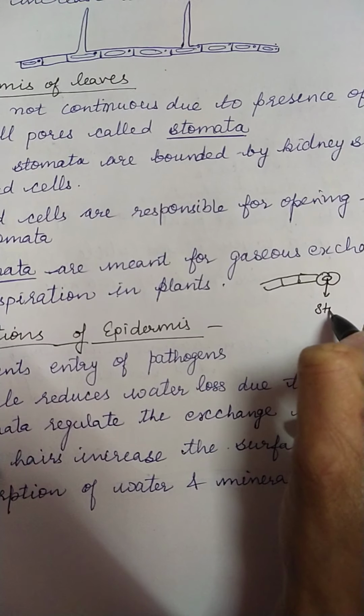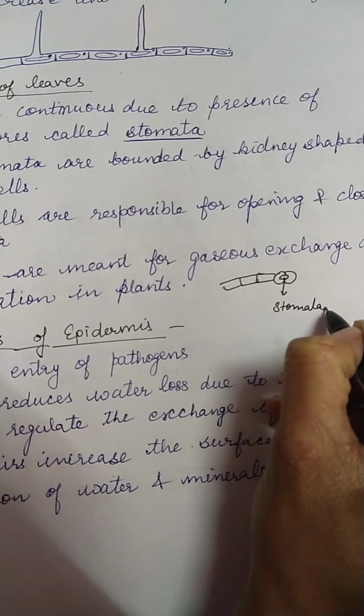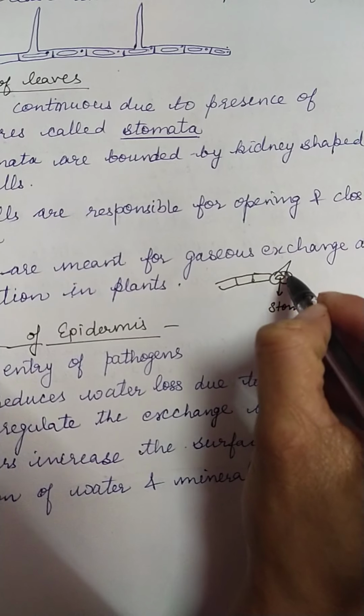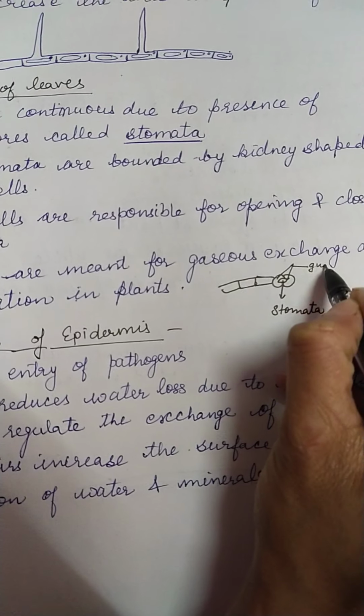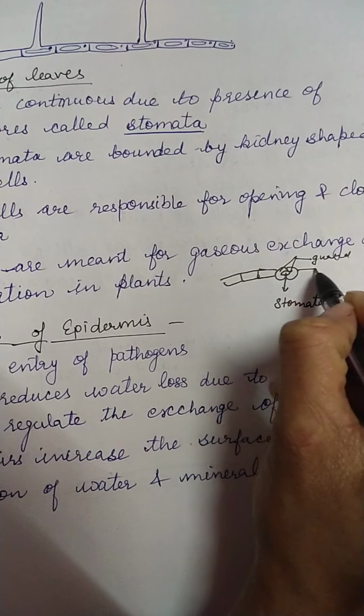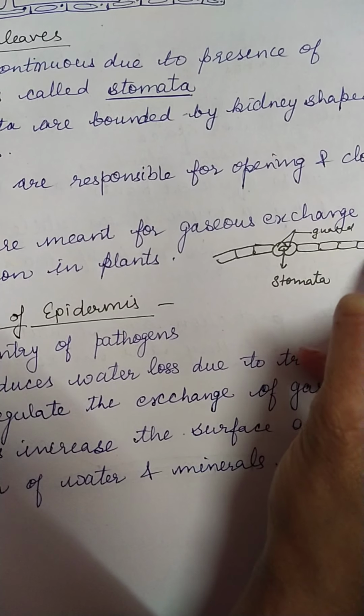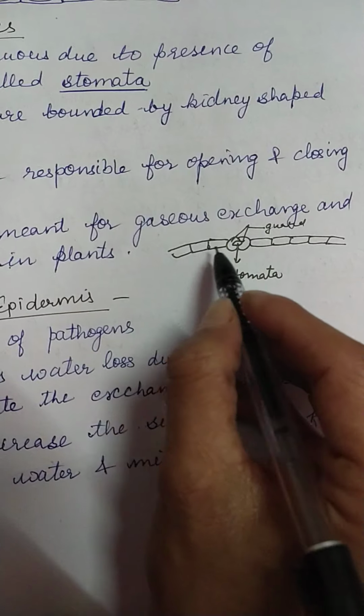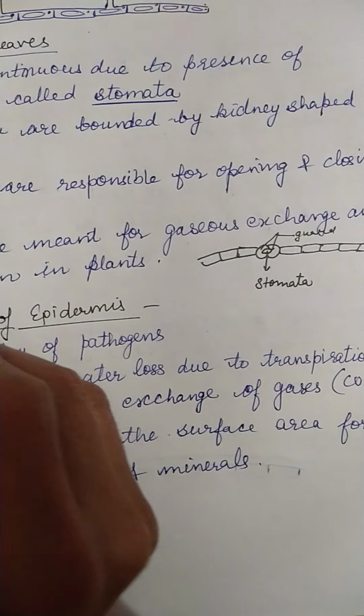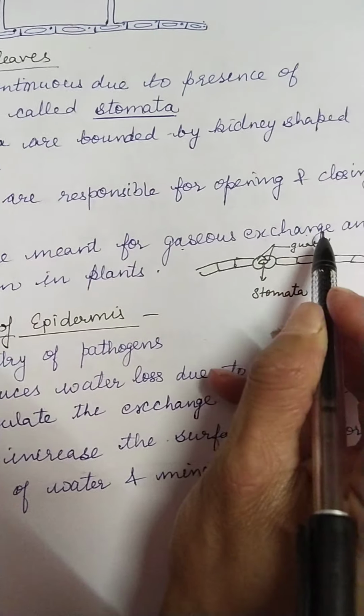These fine pores are known as stomata, and these are the kidney shaped guard cells. These are present in the epidermal cells only. So their main function is exchange of gases.